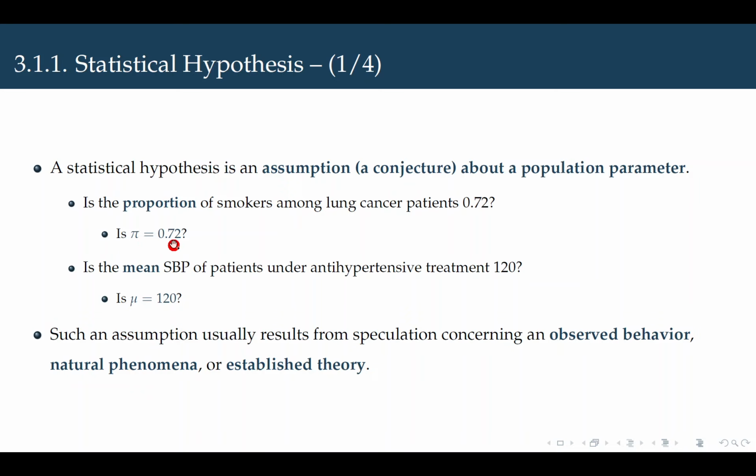This represents a null hypothesis. And the same is true here, mu equals 120 represents a null hypothesis because these two statements are saying that the population parameter and the assumed value are not different. So these two hypotheses determine that these population parameters are not different from their corresponding assumed values.